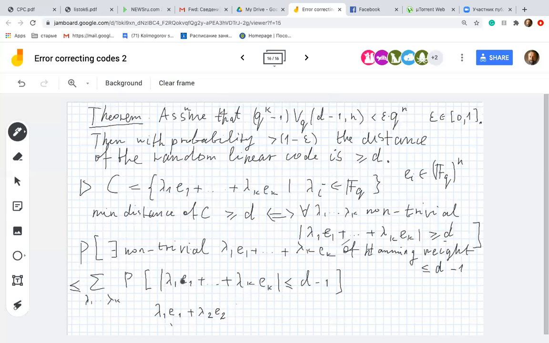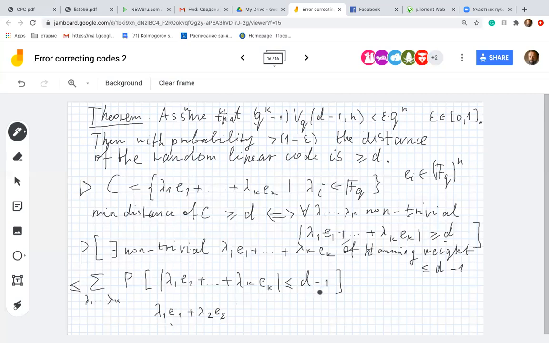This implies that we can compute this probability. This probability means that this vector, which is chosen uniformly, belongs to the ball centered at 0 with radius d minus 1.